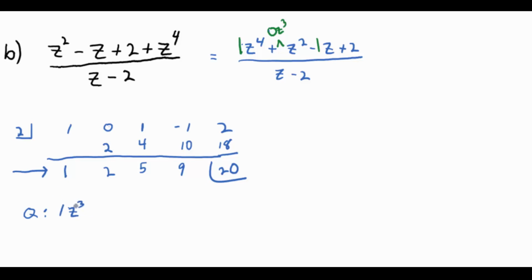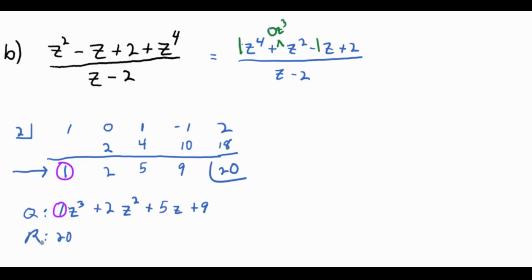Then descending powers of z: 2 times z squared, plus 5z, plus 9, and then the remainder is 20.